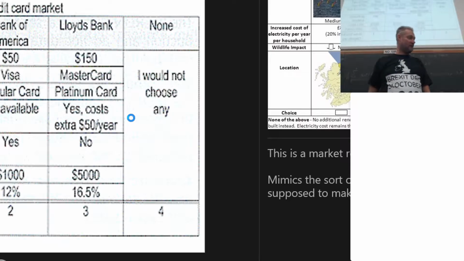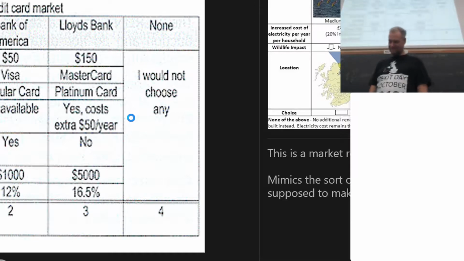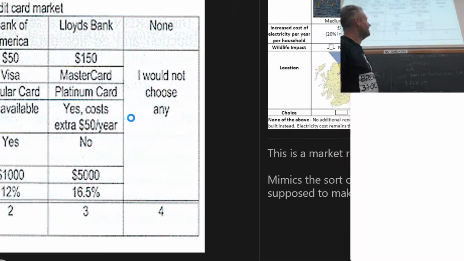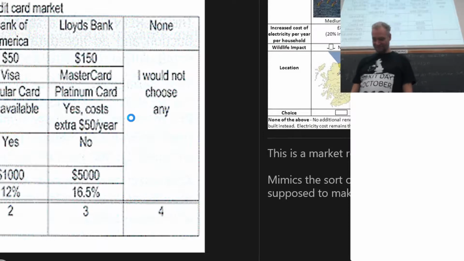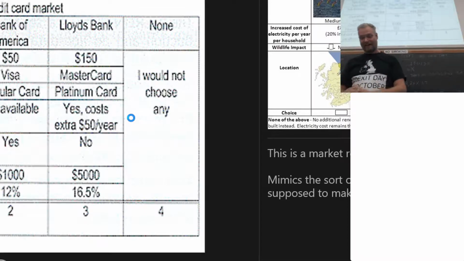So if you have to choose a bank, or in this case you have to choose a credit card, and this is a strange example. Citibank and Bank of America operate in the US, but Lloyds Bank does not operate in the US. So I don't know who made up this example, but it is peculiar. But this is what you get if you're choosing a credit card.